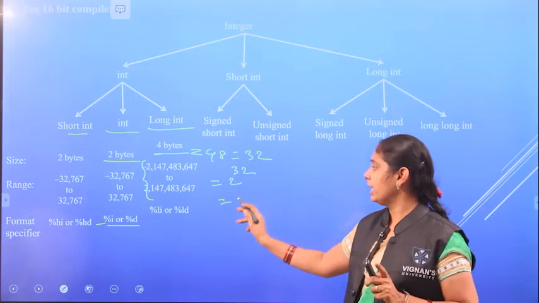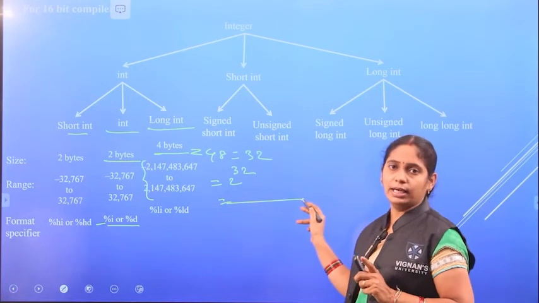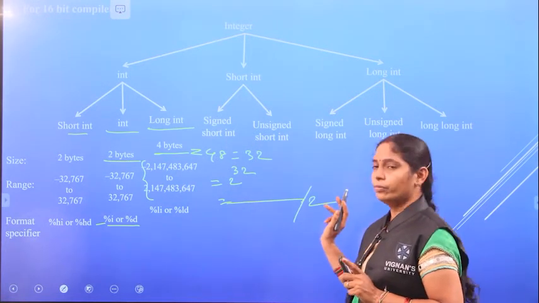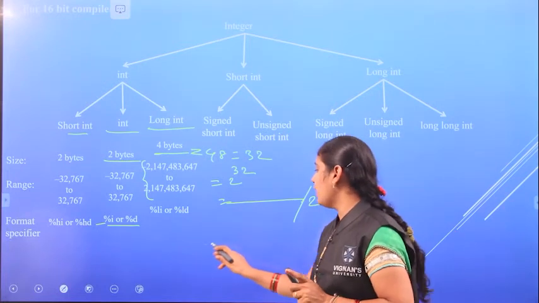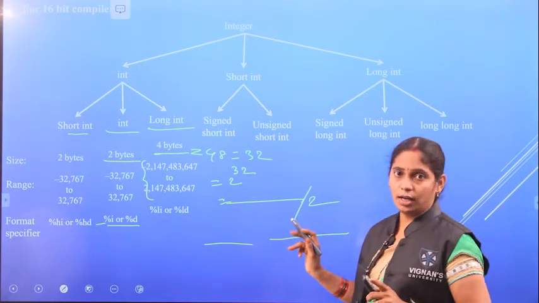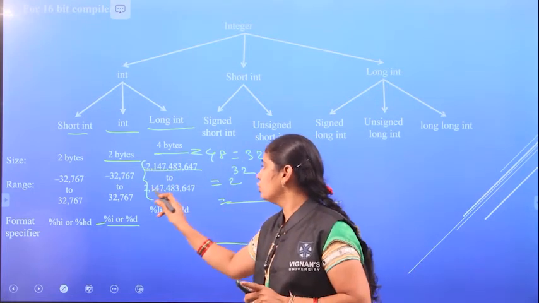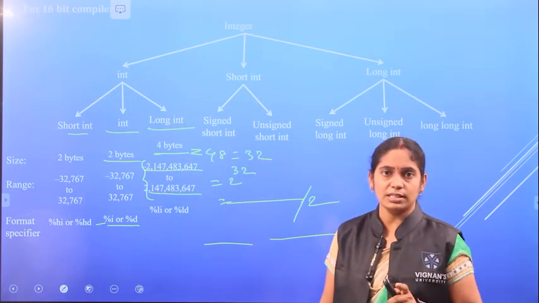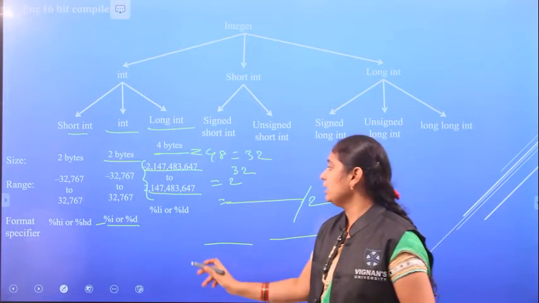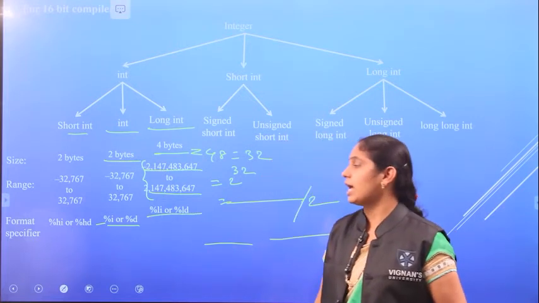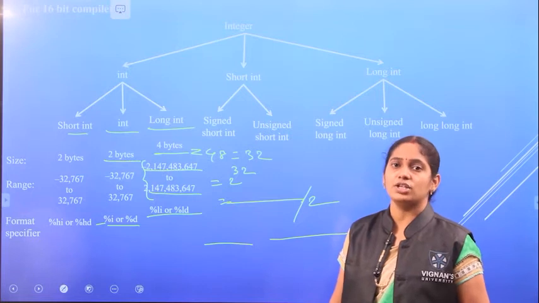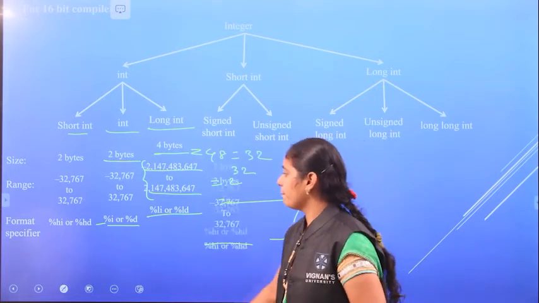So make the value into 2 and reserve half of the values for positive and the other half for negative. That's why the range of this is minus this value to plus this value. That is the range of a long int. And the format specifier is %li or %ld.